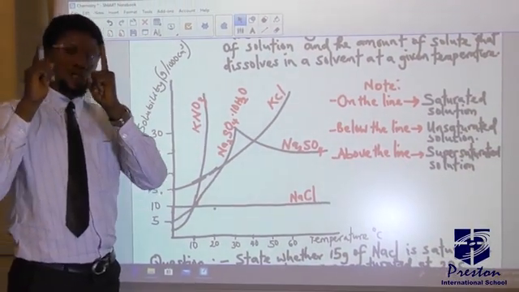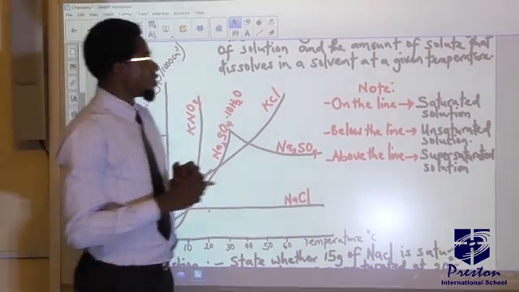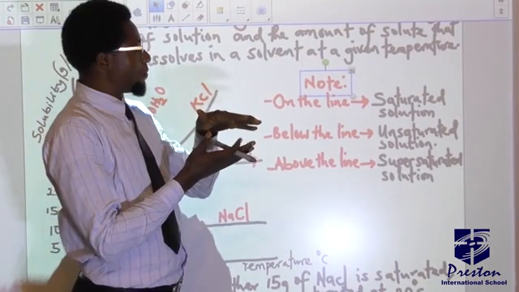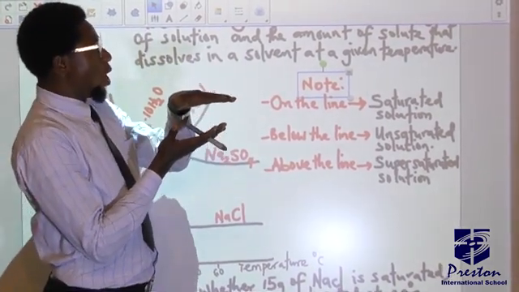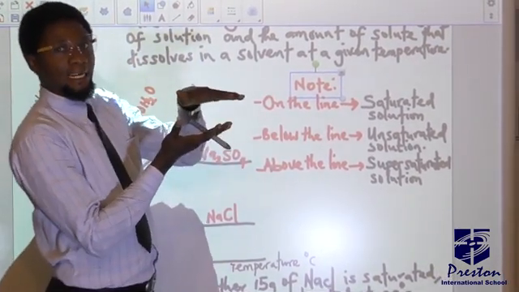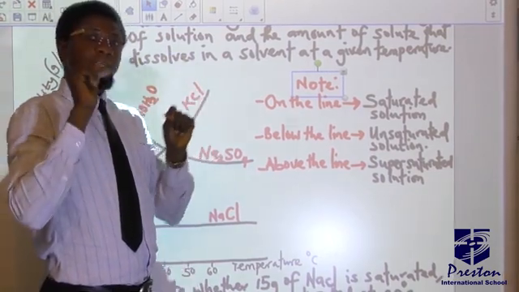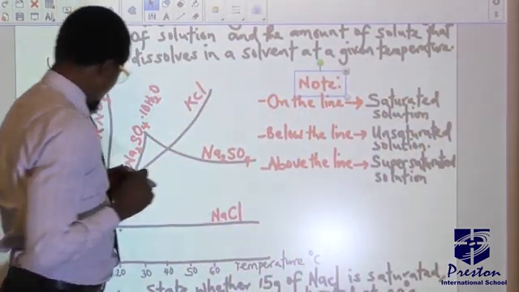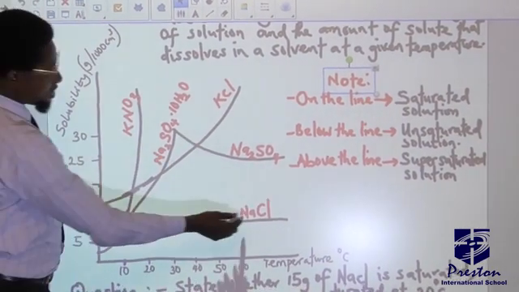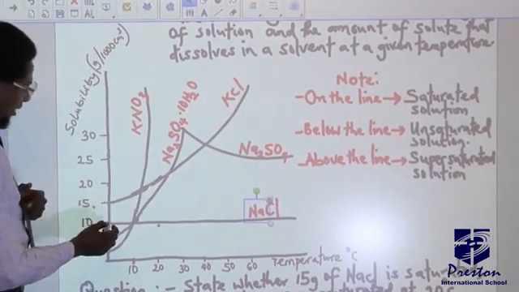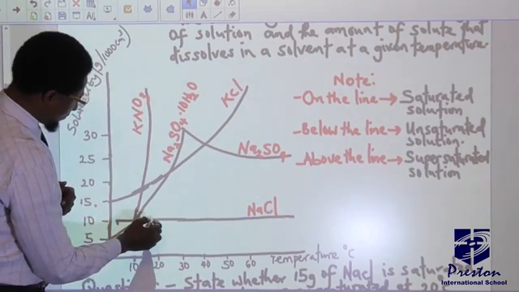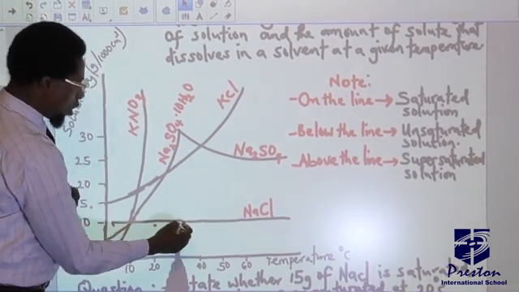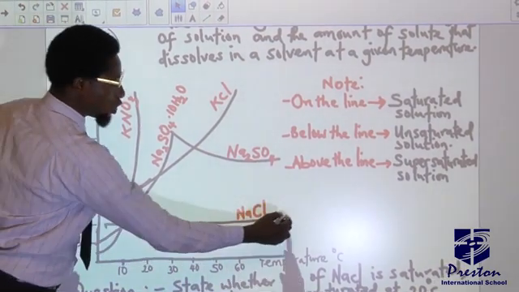There are key things you need to note. Anytime you have a point exactly on the line of solubility, that is said to be a saturated solution. Take for instance, this is sodium chloride. Whatever falls on this line is what we call a saturated solution.